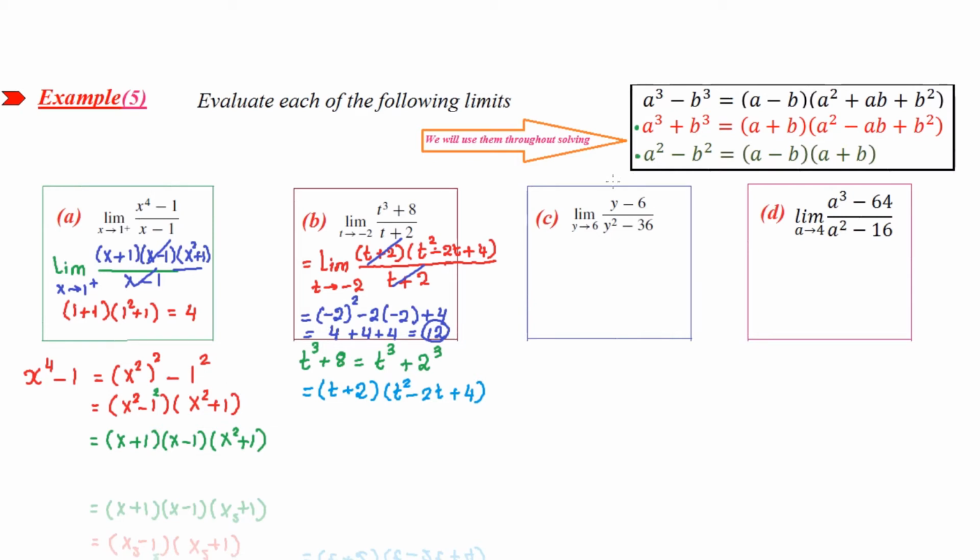The third one, part C, we have limit y minus 6 over y square minus 36 when y goes to 6. So you have to use this rule for denominator a square minus b square for y square minus 36.